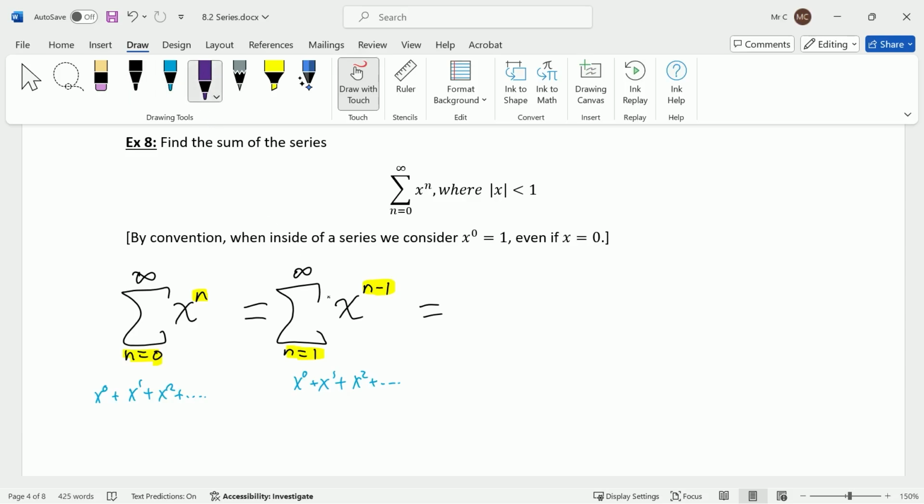Now I will tack on that I need a little a here, but a is just 1 in this case. So I apply my geometric series formula. And I can do this since we were given that the absolute value of x is less than 1, and by the geometric series theorem.